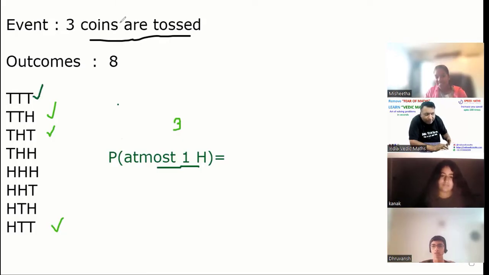Correct. The next one is favorable. This is also favorable. Next one is also favorable because at most one means you don't need more than one. Next, not favorable. Next, not favorable. Next, not favorable. Last, yes, favorable. So how many are favorable? 4 are favorable, 4 are not favorable.